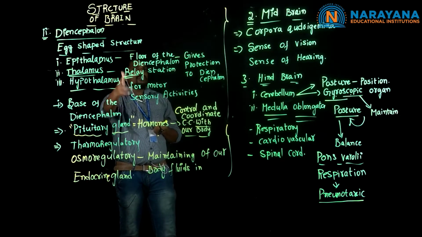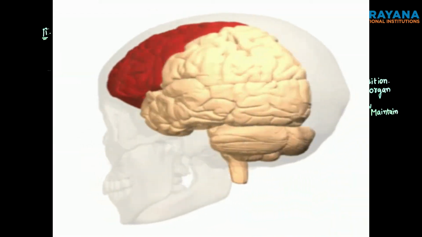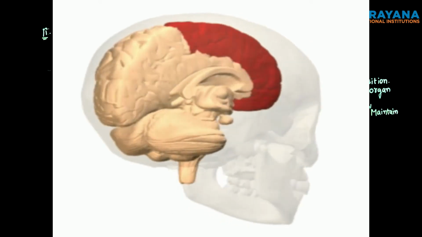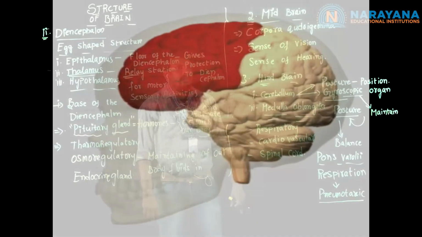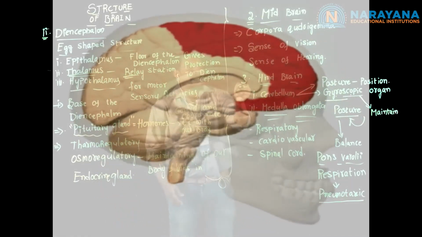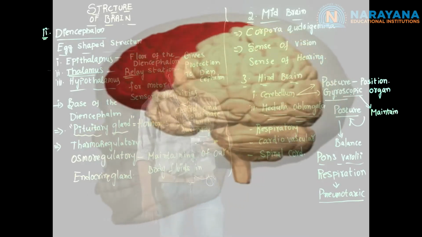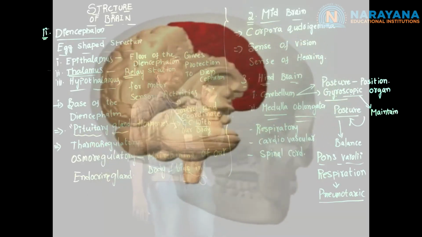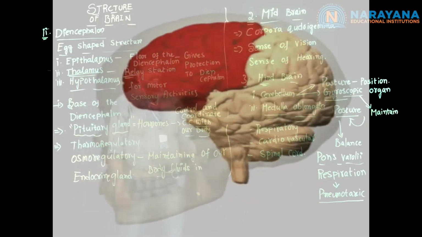Previous one. Yeah, here you can see the egg-shaped structure in the middle of the skull, the cranium. Look, this one exactly, that egg-shaped structure. That is the diencephalon.